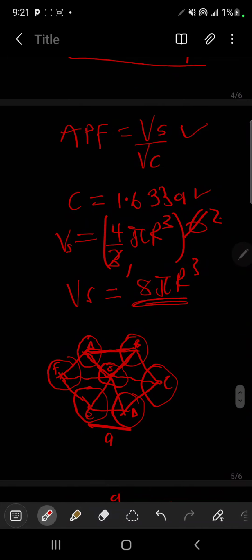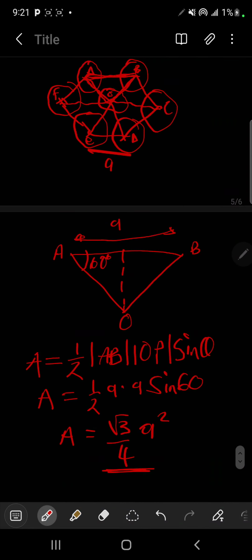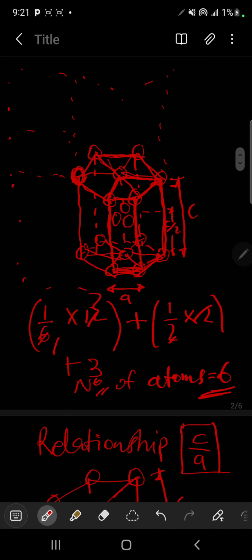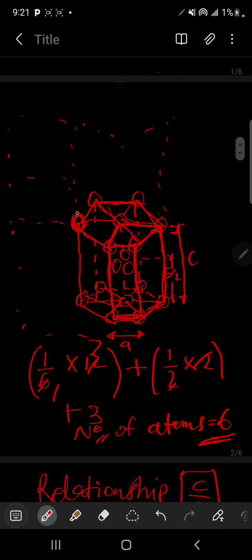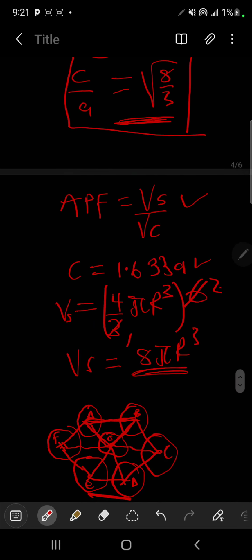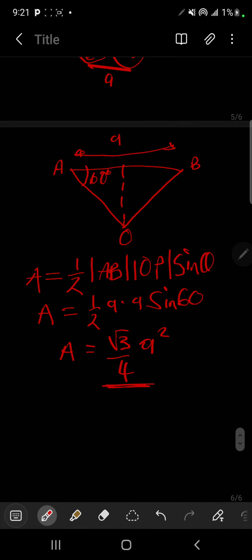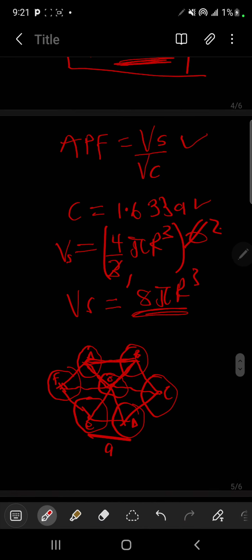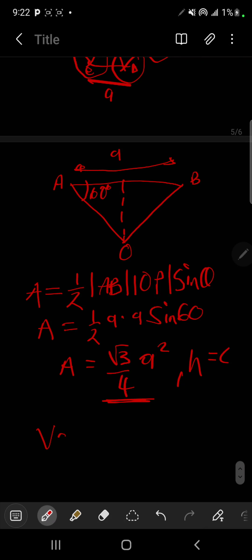But notice that we want the volume, not the area. So with that said, we notice that volume is in fact equals to base area times the height. So in this case, the height is just c. So volume, and in this case it is VC, it is just equals to square root of 3 over 4 a squared times c.